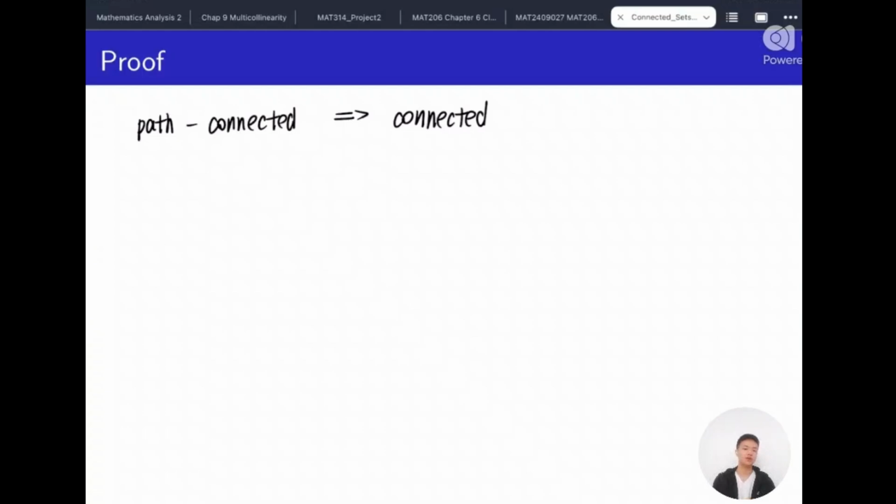We prove this by contradiction. So we assume A is not connected.